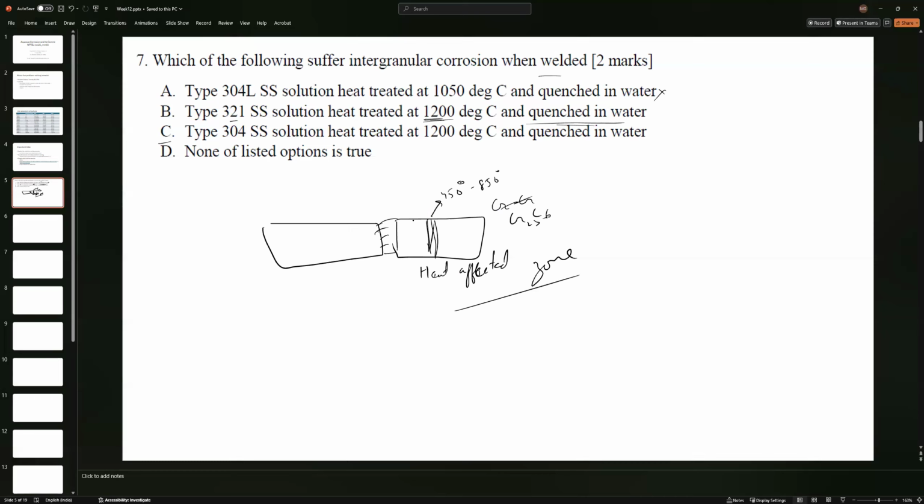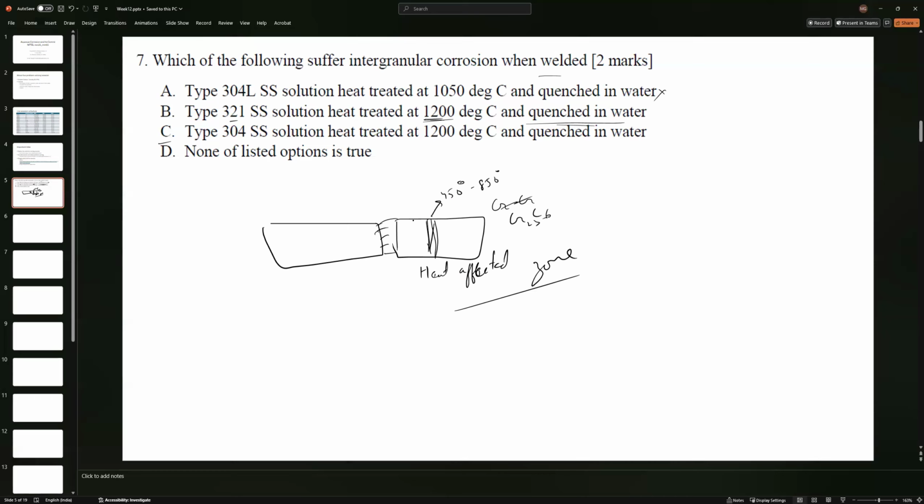Similarly for the C, I have one query in this question. The 321 SS is stabilized stainless steel. Whether it will suffer IGC, whether there will be sensitization in case it is being welded, and even if we go with options B and C, there is no mention of the cooling rate through which the sample is being cooled.